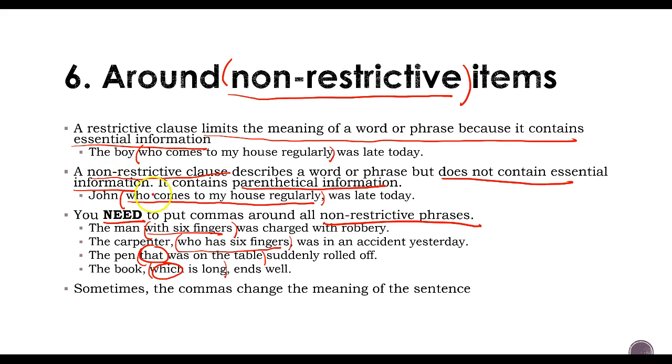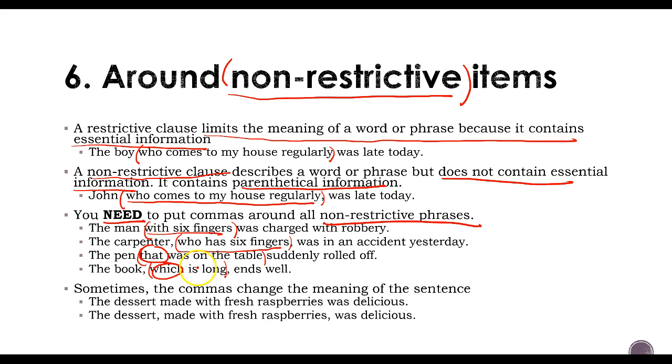So sometimes the commas change the meaning of the sentence. This is a good example from the Hacker book. The dessert made with fresh raspberries was delicious. Versus, the dessert, made with fresh raspberries, was delicious. So in this case, we have the exact same sentence. But if we view made with fresh raspberries as an essential part of the sentence, we don't put commas around it.